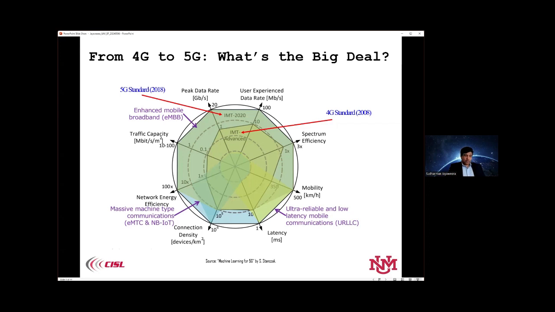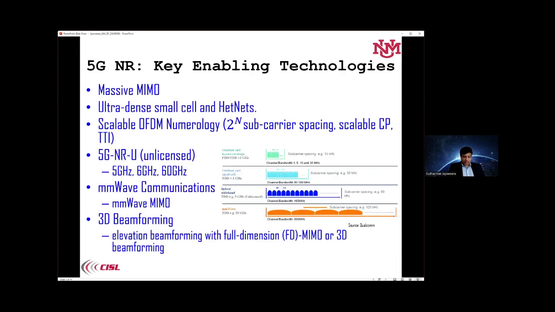Currently, 5G is under deployment in many places around the world, but we have already been moving forward with the next generation of wireless. 5G was expected to achieve those performance improvements using a combination of new and improved technologies.